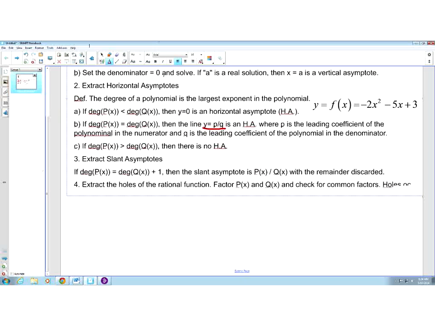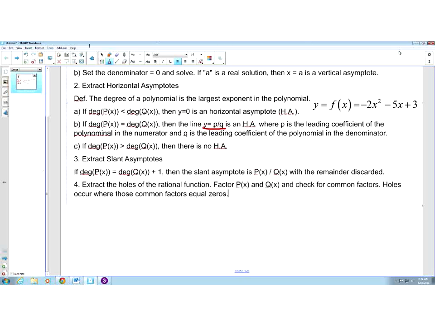Holes occur where those common factors equal 0. And I'll show you how to compute the coordinates of the holes with the example that I'm going to do right now.